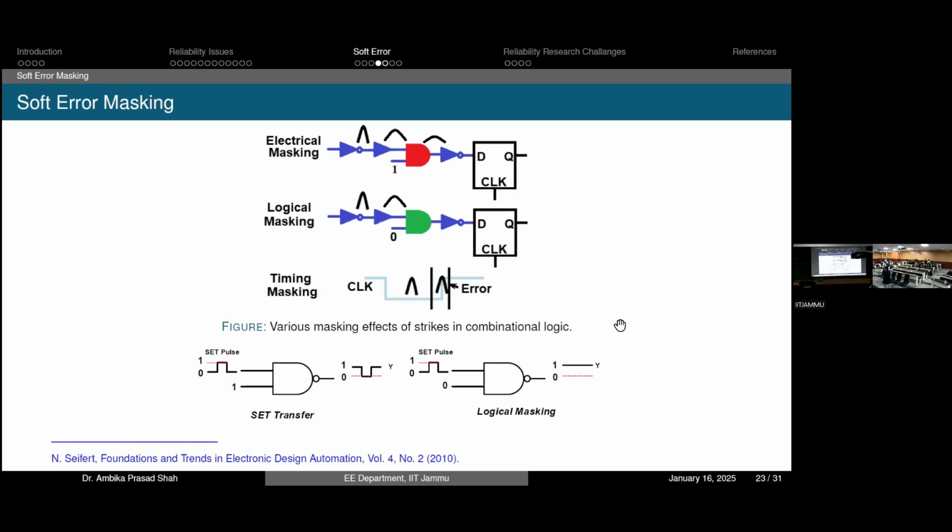So this impulse can be masked, because this ACT pulse was generated by that high energy particle strike. If I want to mask it at the output, I have to add a NAND gate in between so that I can maintain logic 1. But it is not necessary that you always add a NAND gate. Maybe somewhere you need logic 0, but this is always giving logic 1.